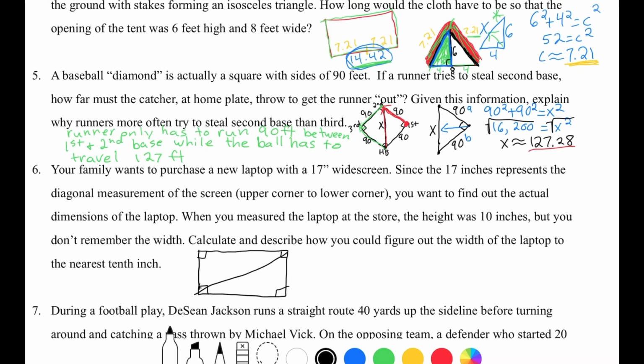Talking about diagonal of 17. When you measured the laptop at the store, the height was 10 inches, but you don't remember the length, or the width, so we don't know this one. Calculate and describe how you could figure out the width of the laptop to the nearest 10th inch.